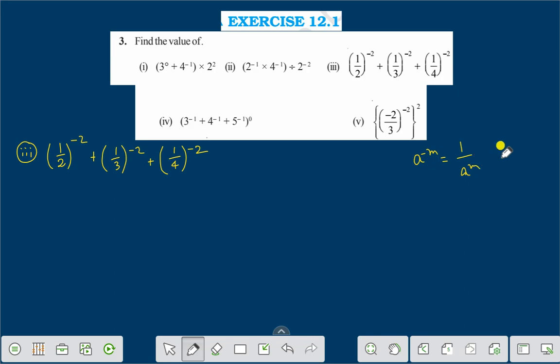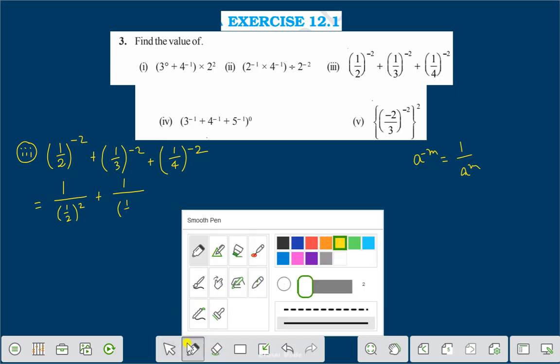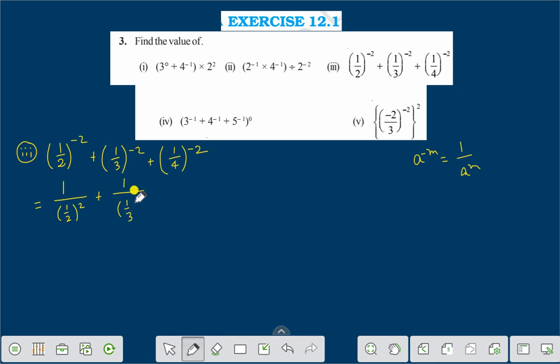There is 1 by 2 to the power minus 2, which can be written as 1 by 2 to the power 2, plus 1 by 3 to the power 2, plus 1 by 4 to the power 2.